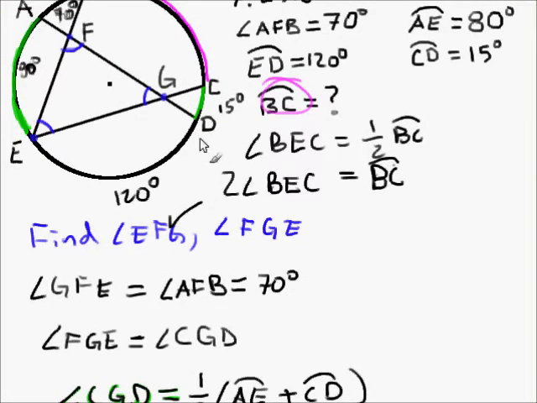CGD is formed by 2 intersecting chords, AD and EC. They intersect at G. They are chords because their endpoints are on the circle. The measure of either one of these vertical angles, CGD or AGE, is equal to 1/2 the sum of the arcs that they enclose. So that's AE and CD.